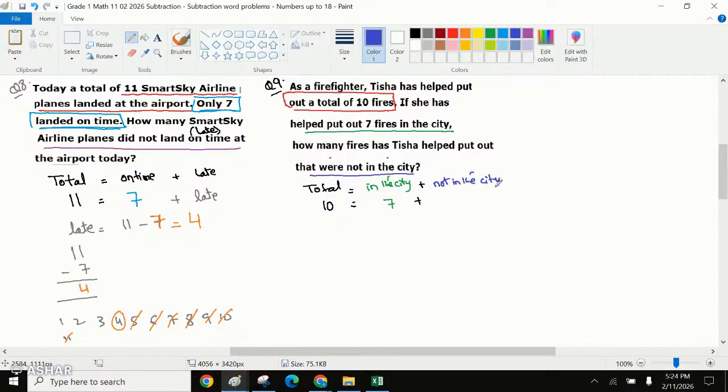We have to find how many of the fires were not in the city. That means if we need to find not in the city, from the total we subtract those which were in the city. So if we need to do 10 minus 7, what should be the answer?